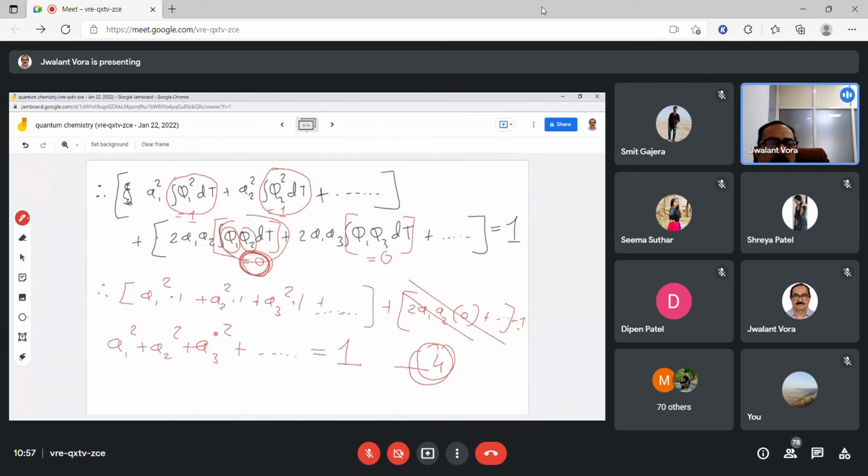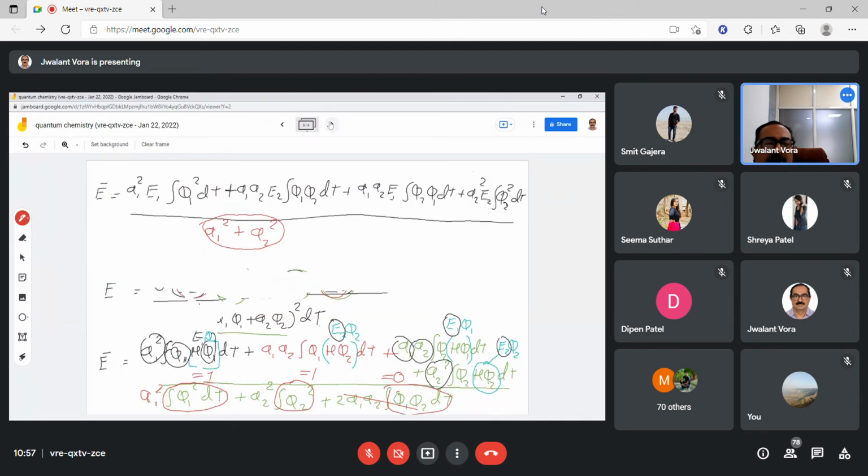So this will come out to be equal to 1. This is also representing normalization condition equal to 1. This is representing orthogonal condition, equal to 0. Normalization condition, equal to 1.